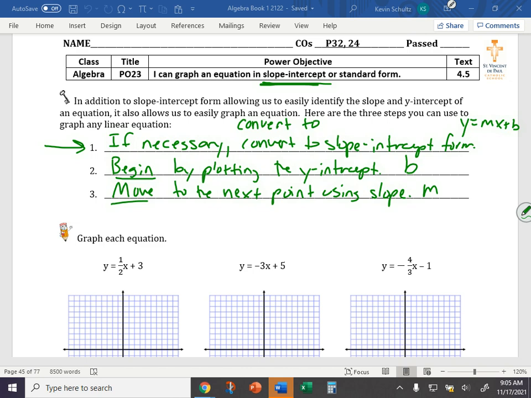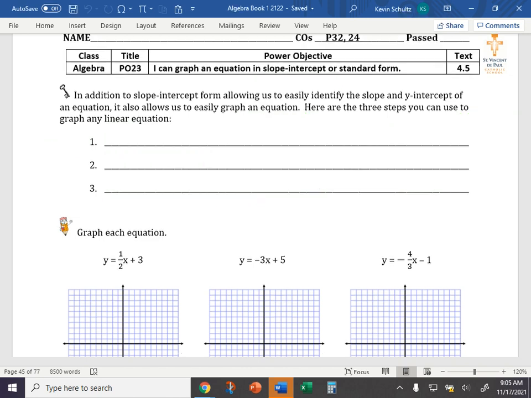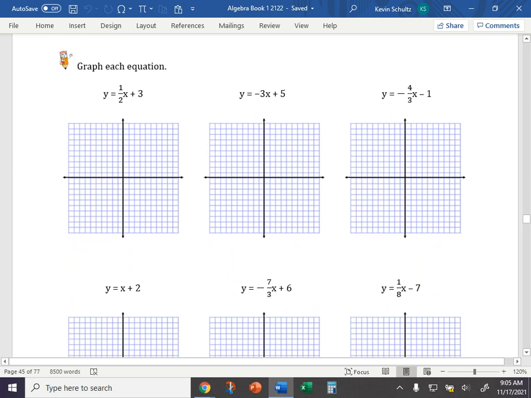Looking at our first equation on our first graph, y equals 1/2 x plus 3. It might be helpful as you start this to write slope-intercept form above the equation so you know where all the pieces are. Is this in slope-intercept form? Yes. We don't have to do step 1. Step 2, begin by plotting the Y-intercept.